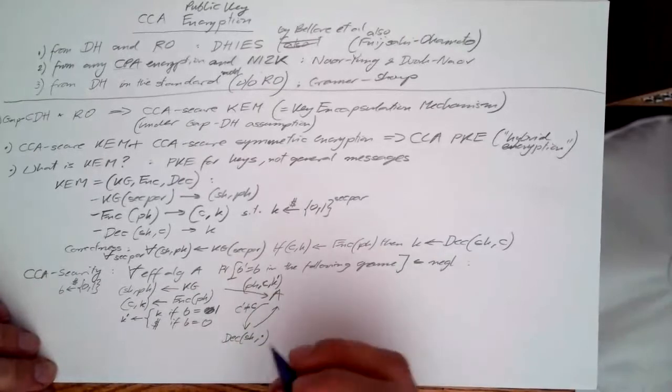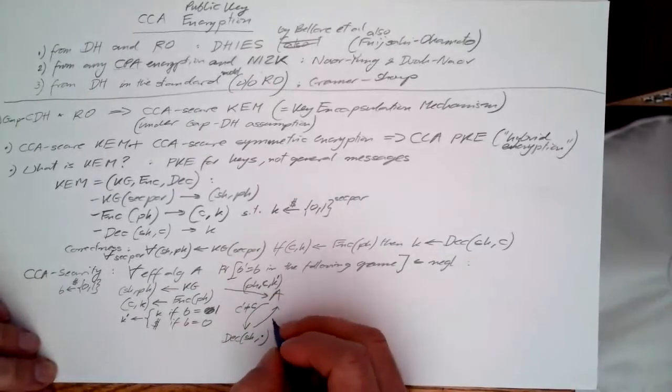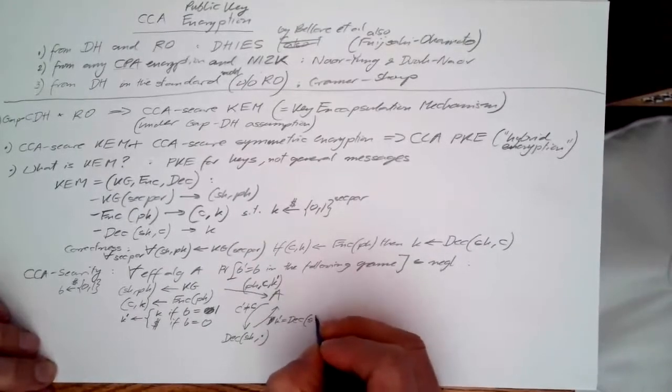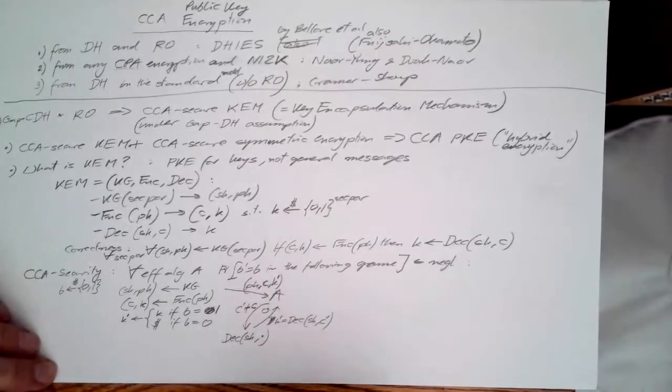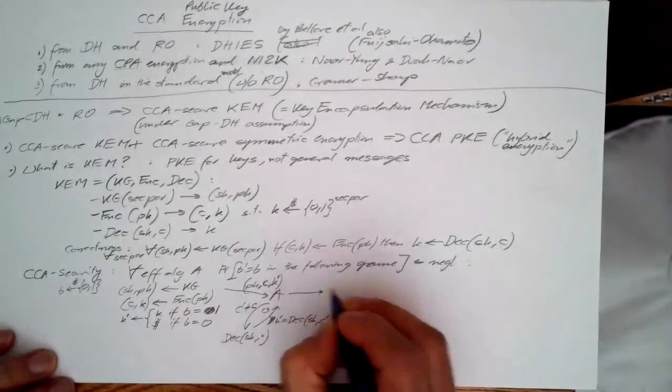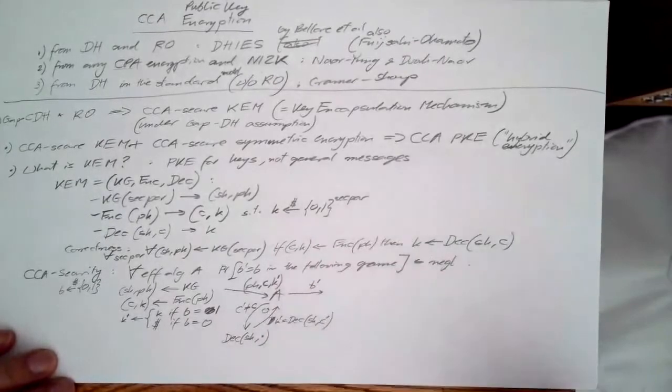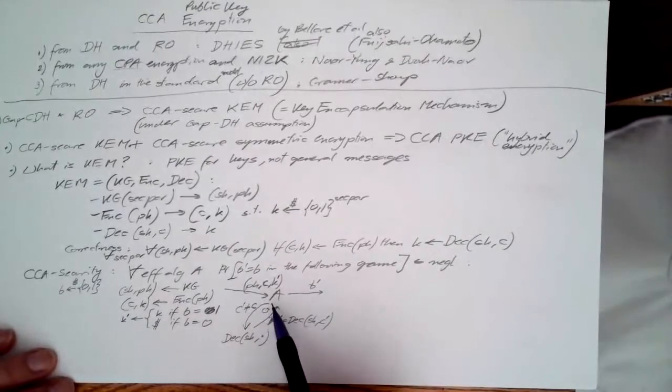And the decapsulation oracle just gives back the decapsulation K prime of this C prime, right? And this adversary can repeat any number of times it wants. And finally, the adversary outputs a bit B prime, right? So in other words, this is like the standard semantic security of encryption game, except there are no messages.